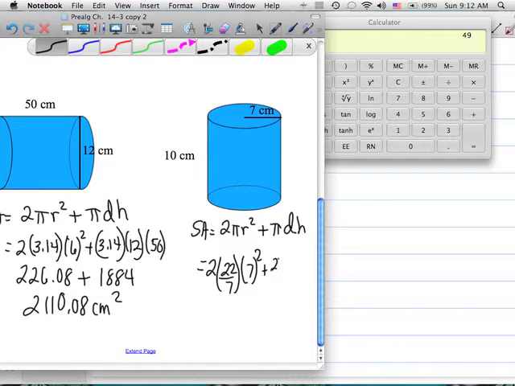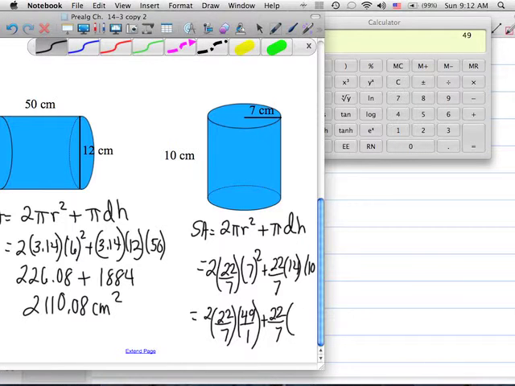Plus pi, 22/7 times the diameter. 7 is the radius, the diameter is 14, times the height, which is 10. Be real careful here that when you do these problems, you do that squaring first. So that's 49. And then we can do some canceling.